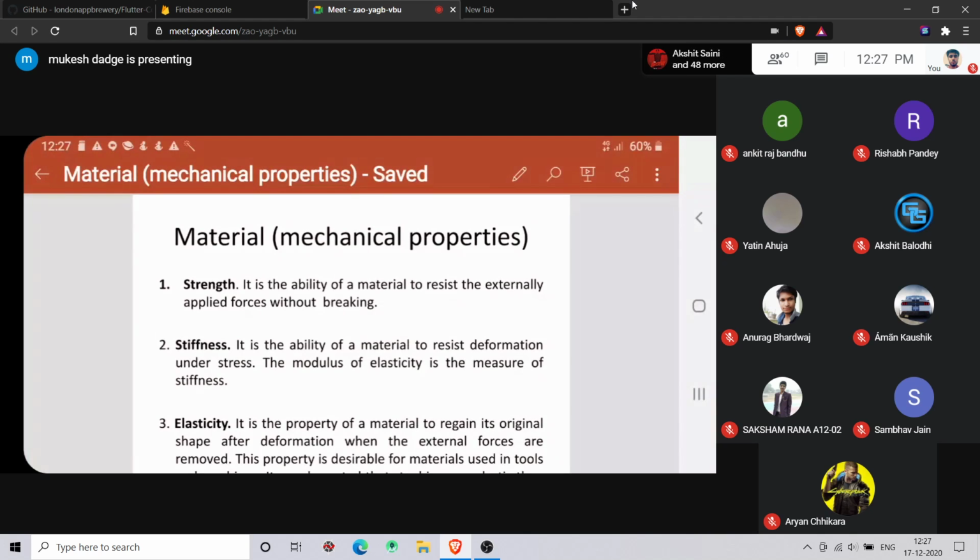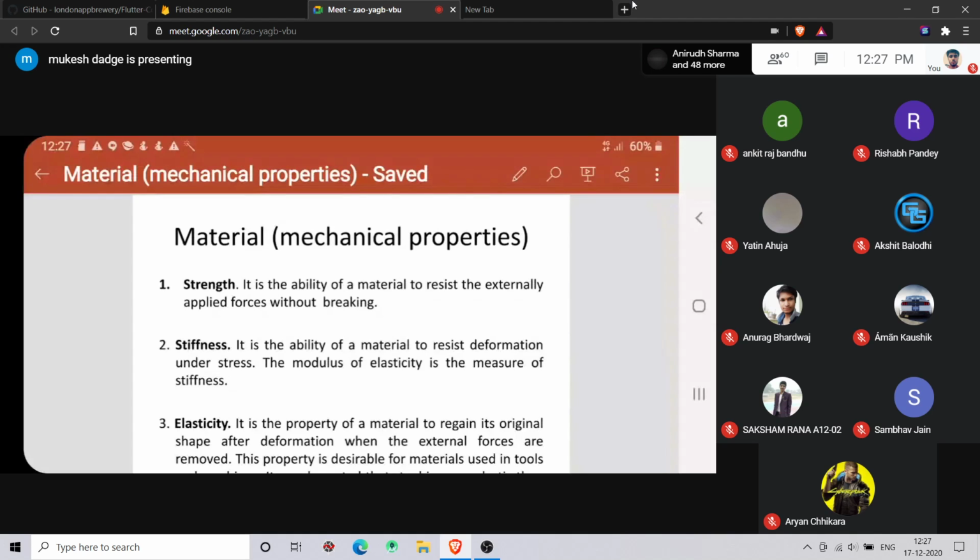Whether you are applying a compressive load or a tensile load, you can indicate it on the stress strain diagram. That is the indication of your strength.